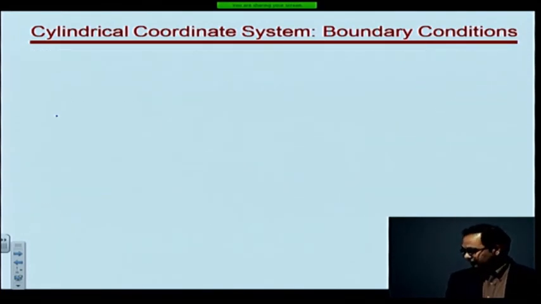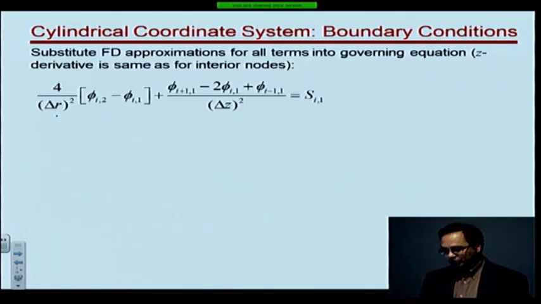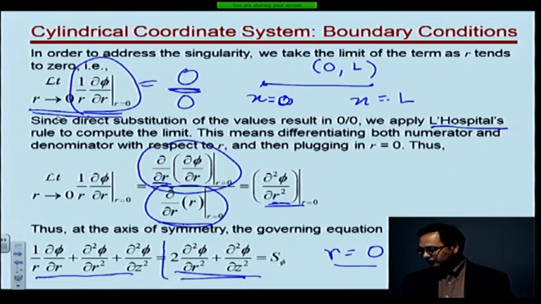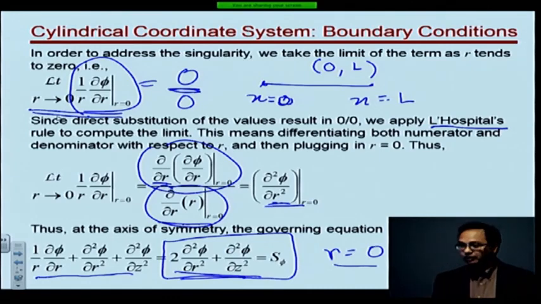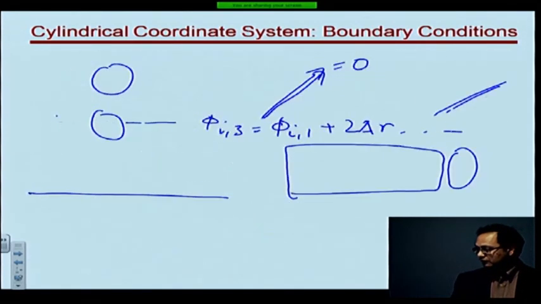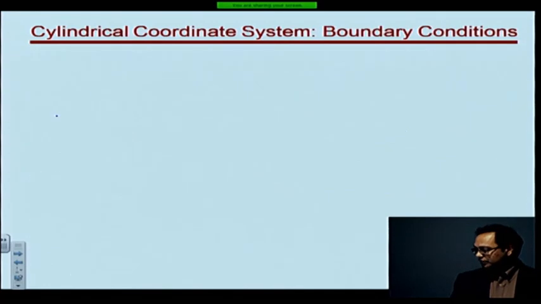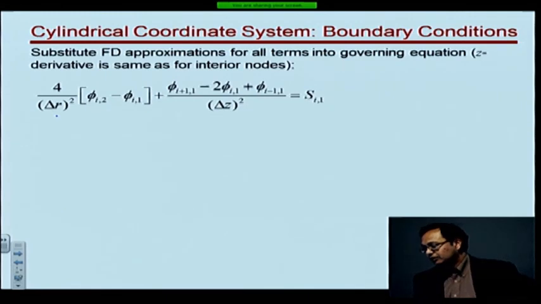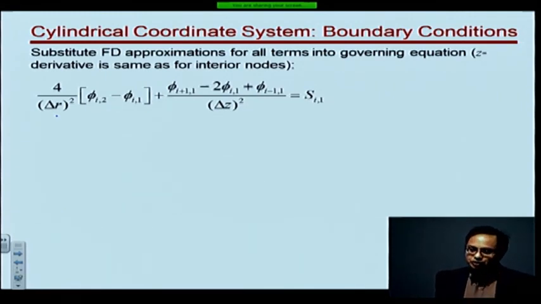All right, and then we plug that into our governing equation, the one that we got after applying L'Hopital's rule. Once we plug that in there, that becomes our finite difference equation.